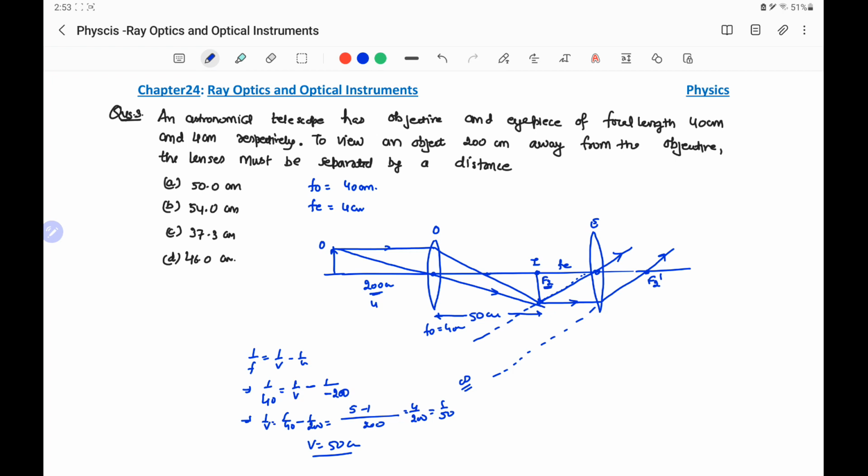Therefore we have to find the separation of the lenses, that is objective and eyepiece.